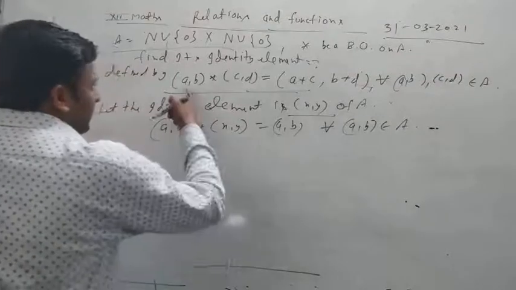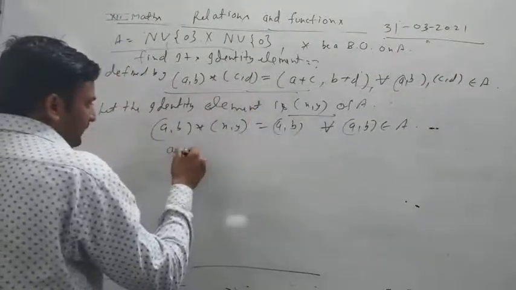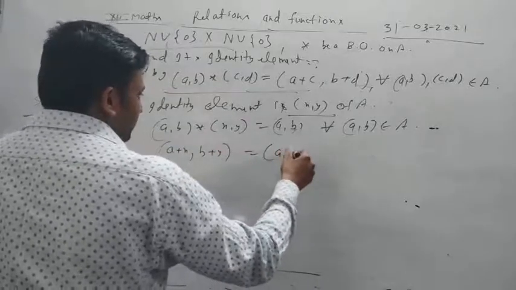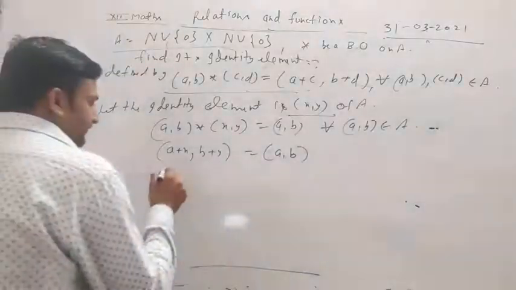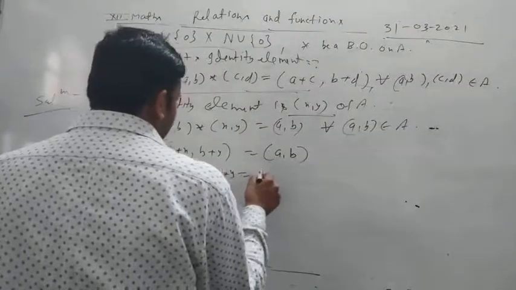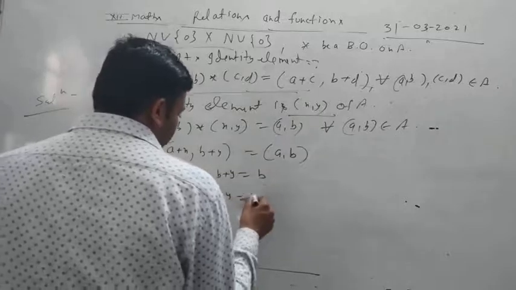It is defined by (a, b) star (c, d) is a plus c, first and third. So we write (a plus x, b plus y). This is equal to (a, b). Now comparing both sides, students, we write a plus x is equal to a, b plus y is equal to b, and from here x is 0 and y is 0.